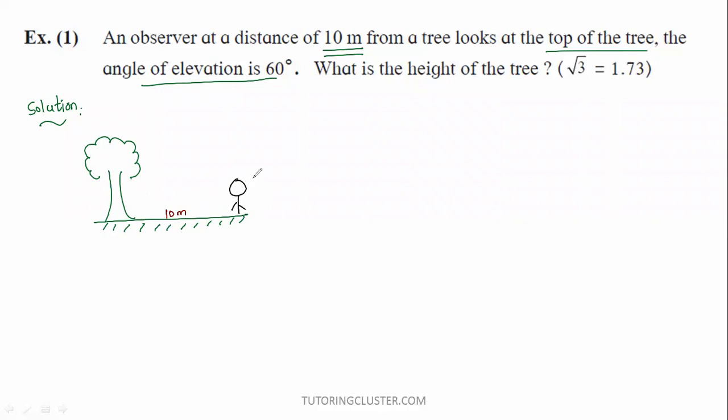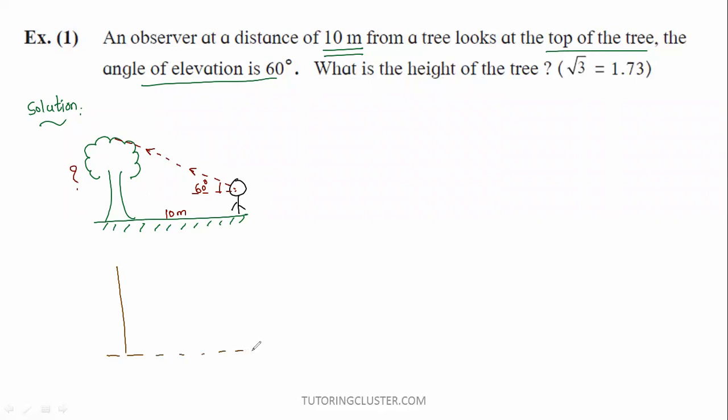This observer is looking at the top of the tree. So this is your line of vision. The angle of elevation is 60 degree. What is this angle? This angle is 60 degree. What is the height of the tree? So they have asked you what is the height of the tree. Now I am going to draw a line diagram here. See, I am drawing one line. This is your tree.